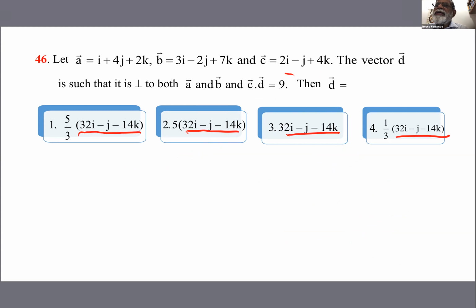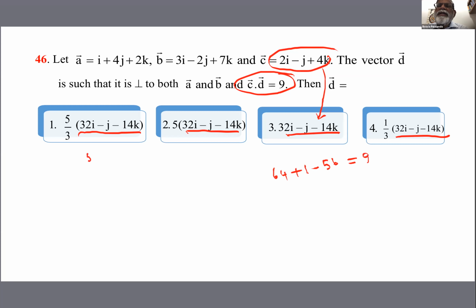So check which of them satisfies C dot D equal to 9. So take this vector, and when you consider that common vector 32, when I take the dot product, it is 64 plus 1 minus 56. So this is equal to 9.